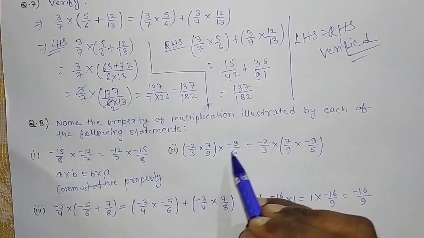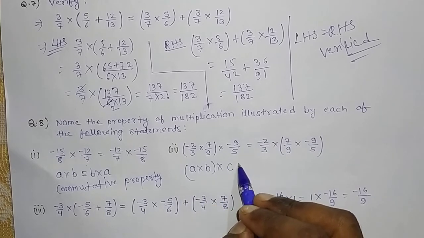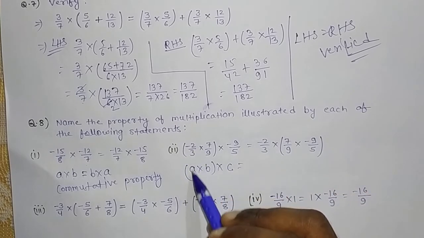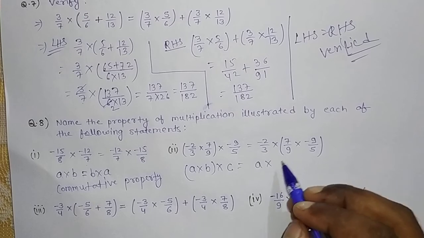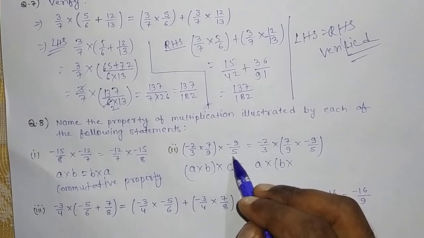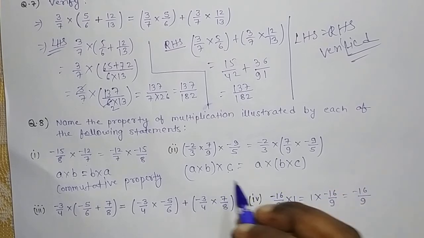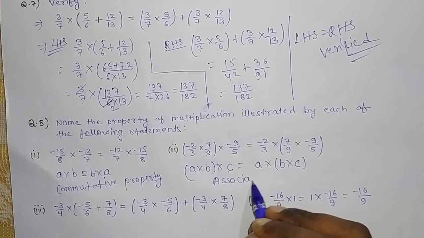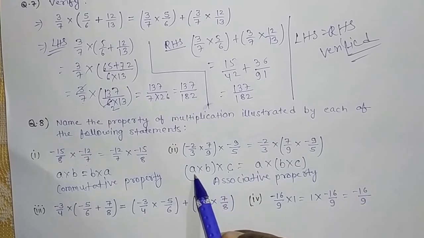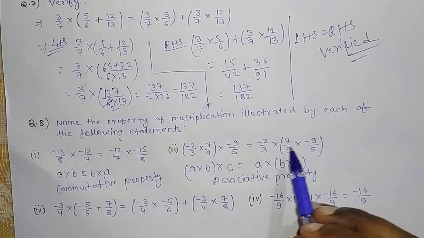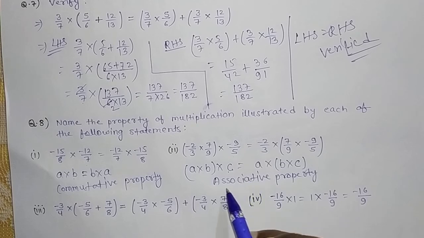This is A, this is B, this is C. So here we can write A into B into C equals, again, minus 2 by 3, that is A. So here we can write A into 7 by 9, that is B. So this is B into minus 9 by 5, that is C. So this property, we know that this is the associative property, because the statement is in this form. Simply we can see here, that's why it's an associative property.